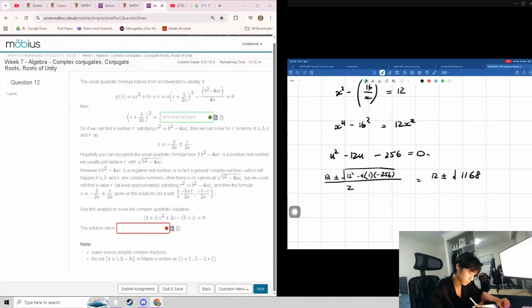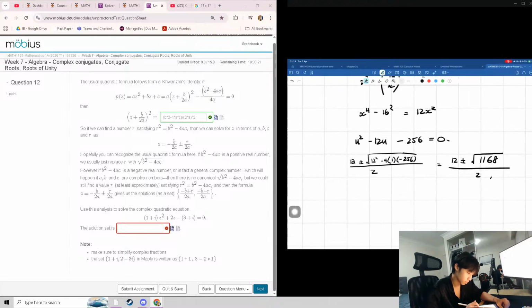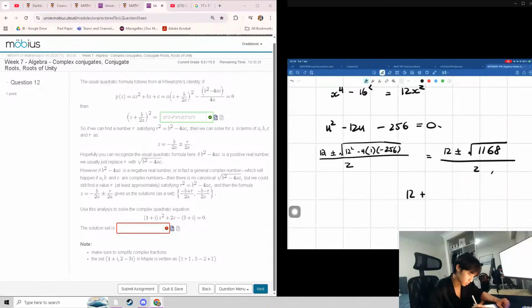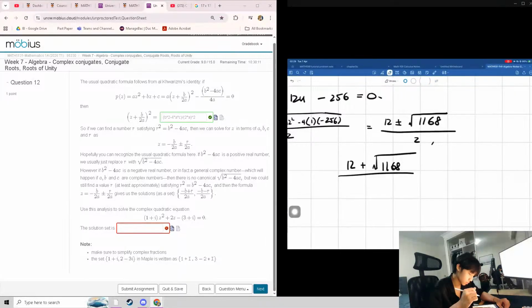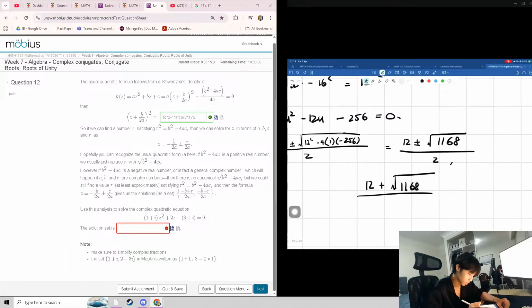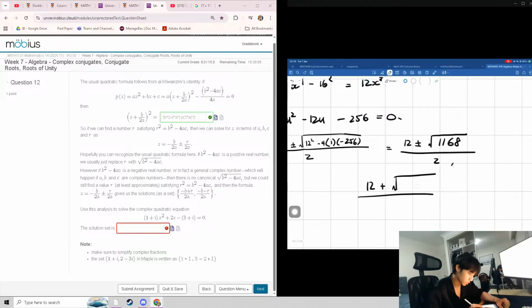It's okay. Over 2. And so we get 12 plus root 1168 over 2. I do want to break this term up so that we can simplify.